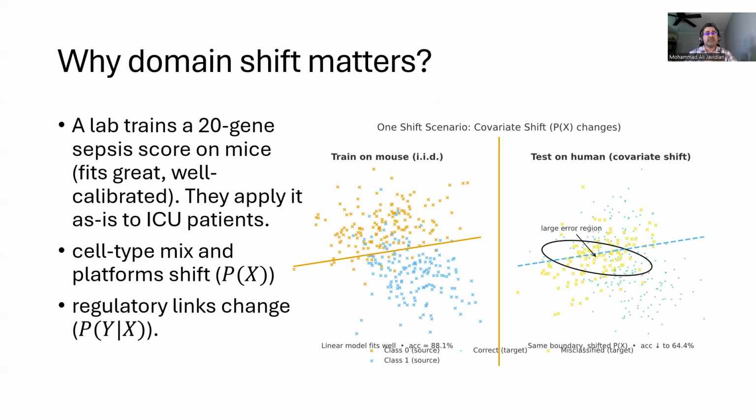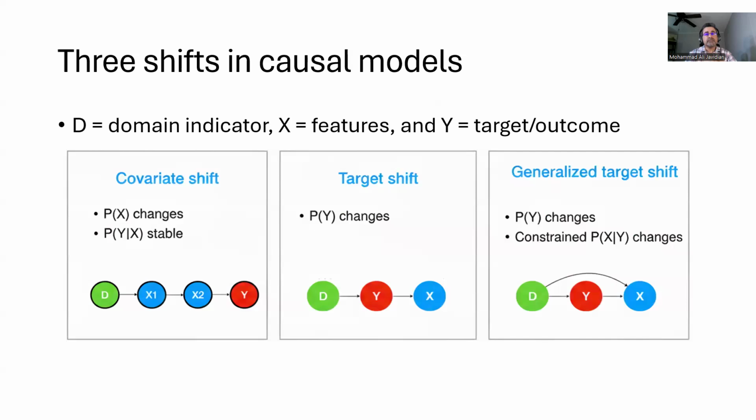To reason about reliable fixes, let's discuss some of the main shifts in causal models. Here are 3 common shift patterns in causal models. Please follow the figure. First, covariate shift. P of x changes while P of y given x stays the same.